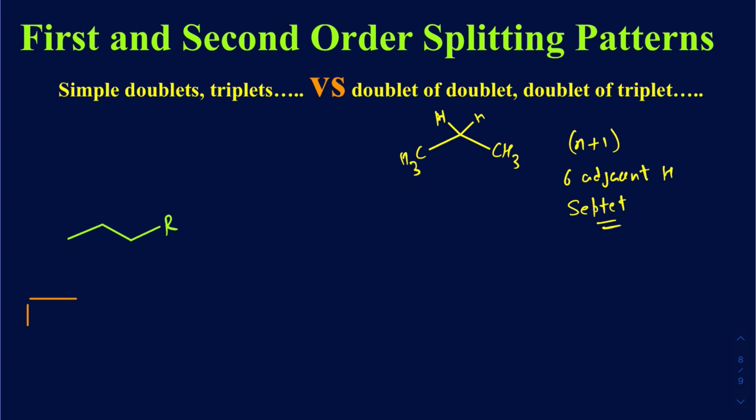When you go into something a little more complex, you may not necessarily have a first order splitting, but rather a second order splitting, where the n plus 1 rule doesn't work that well in determining the number of peaks. Let's look at this example on the left side.